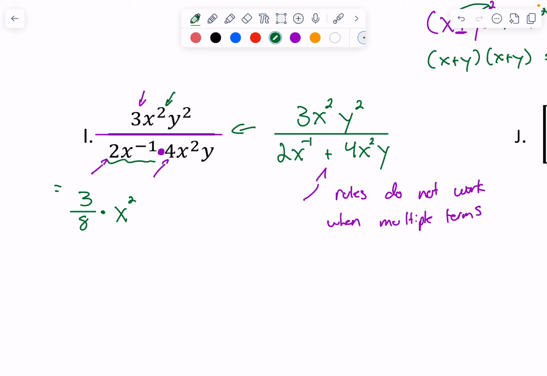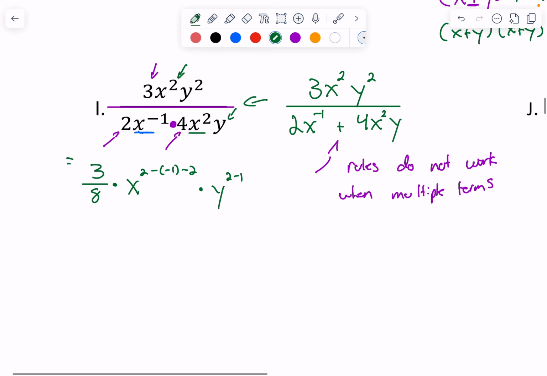And then the next one that we deal with is this x to the negative 1 here, and that's on the bottom of the fraction, so subtracting negative 1. And then here we have x to the 2, and that's also on the bottom, so it's subtracting 2. And then we get to our next variable, which is y. We have 2 up top, and then you see only the 1 on the bottom, minus 1. So let's clean that up.